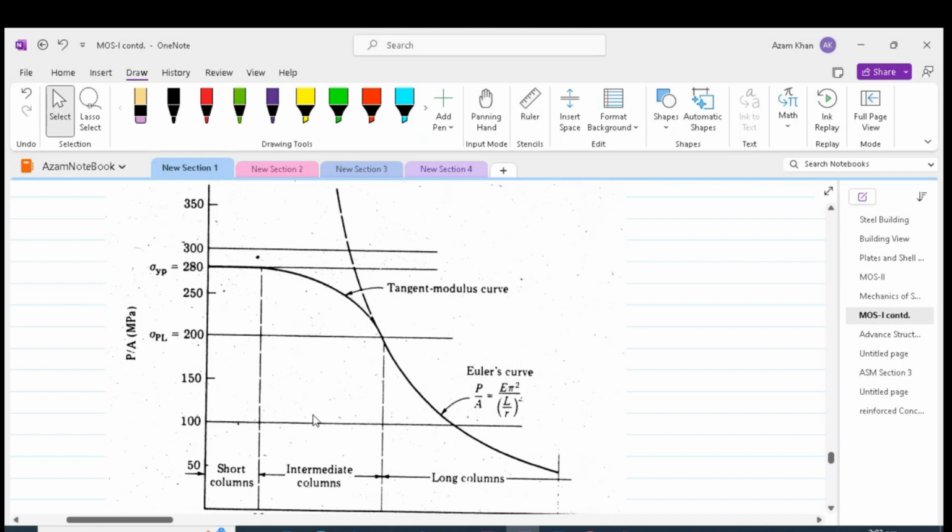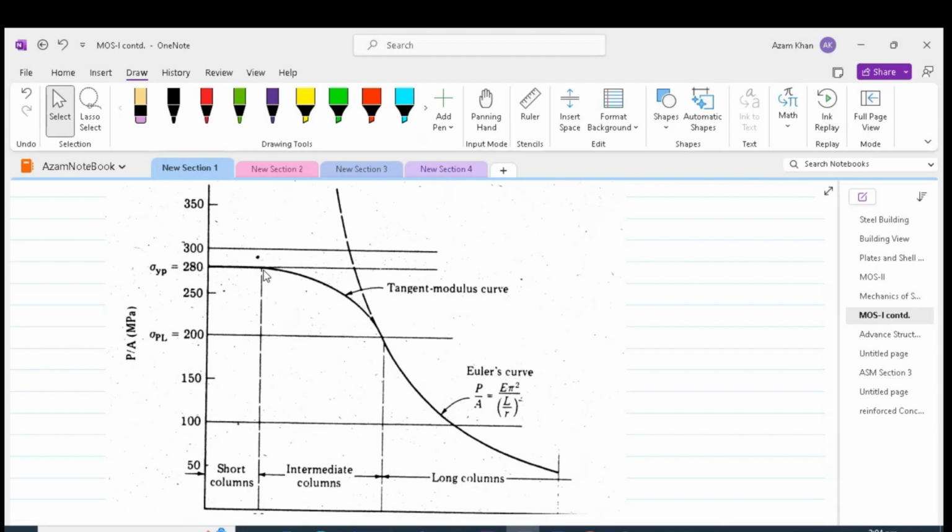This is because of their departure from the stress-strain relationship when the stresses exceed the proportional limit, and partly because of their indeterminate mixture of direct and flexural stresses. Hence, different codes of practice give us empirical formulas for intermediate columns.